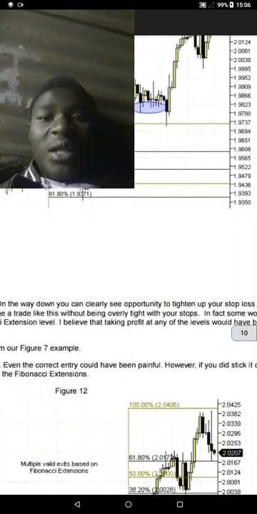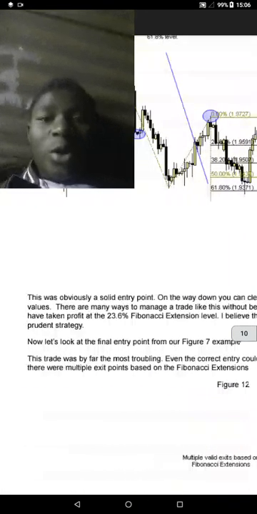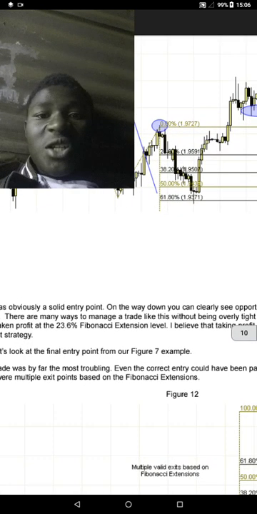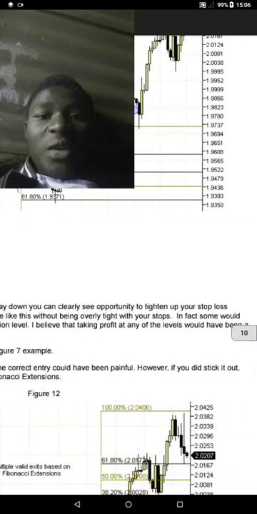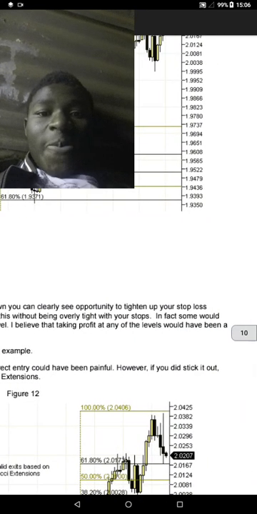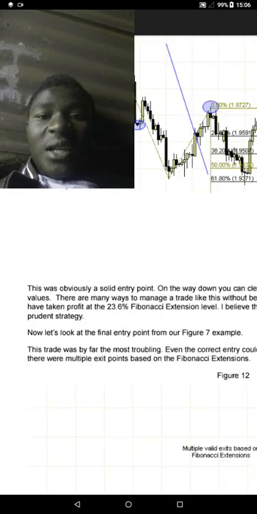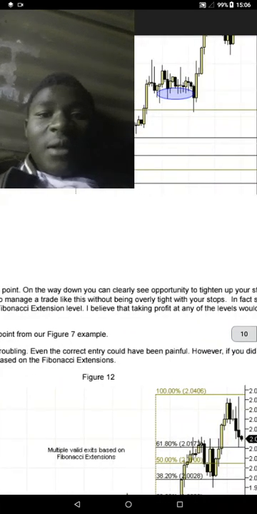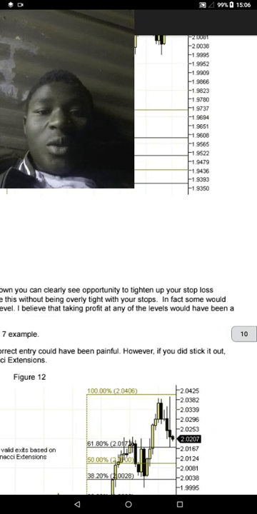You can clearly see the opportunity to tighten up your stop loss values. There are many ways to manage a trade like this without being overly tight with your stops. In fact, some would have taken a profit at the 23.6% Fibonacci extension level.